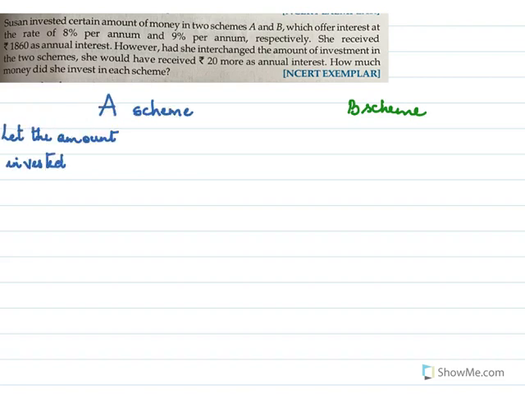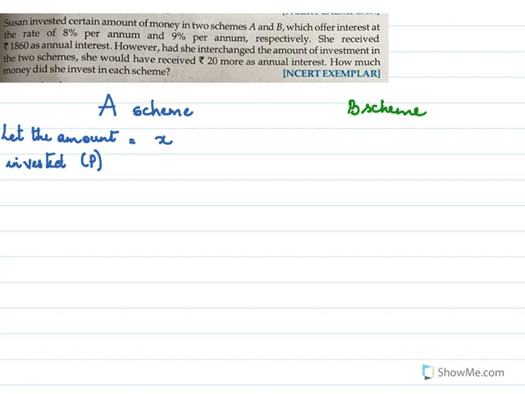So here Suzanne is investing in two schemes. We have scheme A and then we have scheme B. In scheme A, let the amount invested be X. So the amount invested, we call it the principal amount P, let it be X rupees.